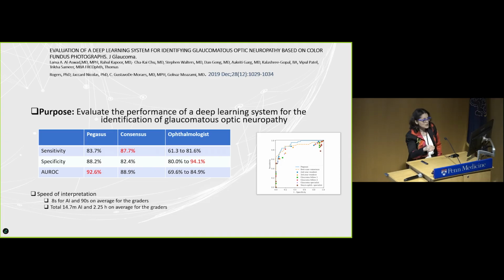This is a few years ago. It wasn't that sophisticated. It took 8 seconds per image. It took the reader approximately a minute and a half to read it. The AI read them in 15 minutes. The readers read them in 2.5 hours. That tells you the efficiency, but this was a simple AI. But honestly, the AI performed better than individuals.